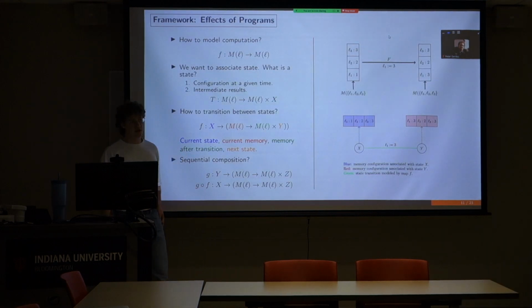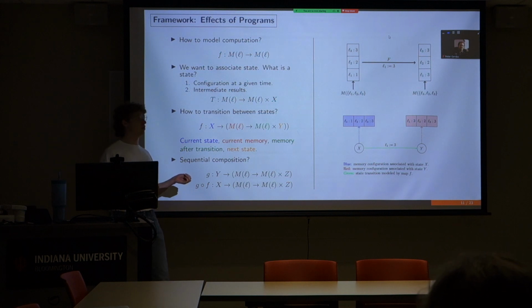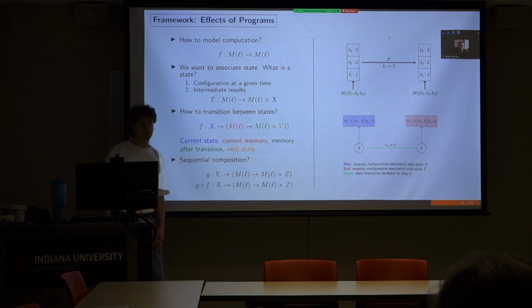So now we have a way to access the memory, but we don't have a way to change the memory yet. How do we do this? Well, if you think about it, when we modify memory, we go from one memory state to another. So let's at least start with a map from some memory configuration associated with ML to another memory configuration associated with ML.